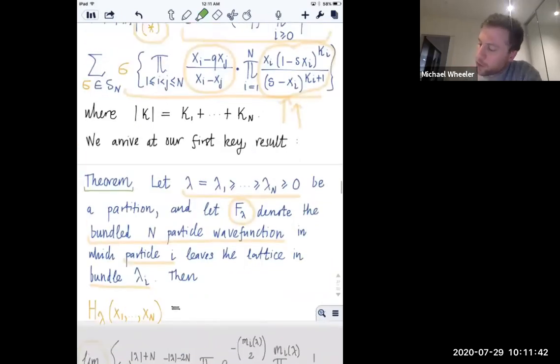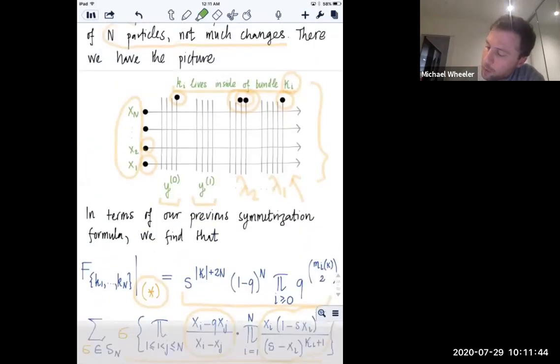In this picture, you might ask what would happen if I take this particle here and shift it to the left by 1 step instead of having them all flush to the right. The answer is, if you move that thing across by 1 step to the left, you get the same object up to a power of q.